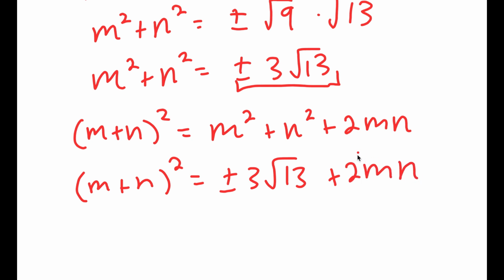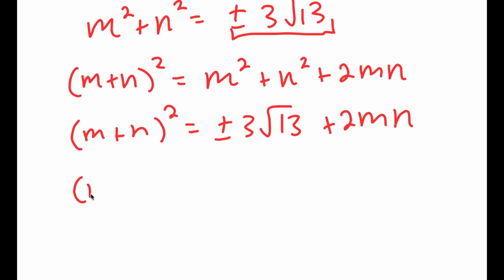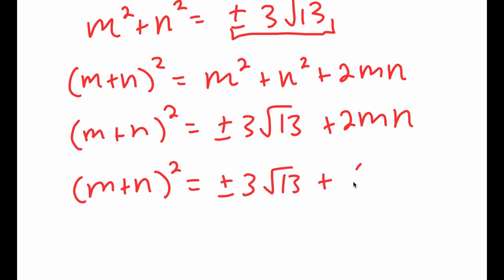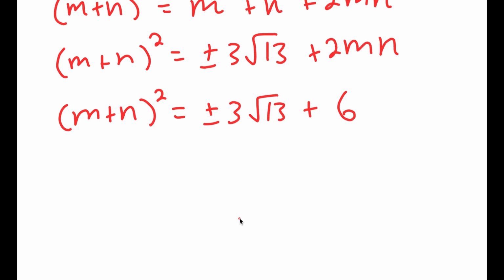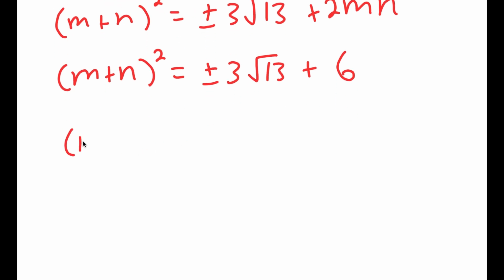Now remember how mn is equal to 3, so I get (m plus n) squared is equal to positive or negative 3 root 13 plus 6. Now, I'm going to write this as (m plus n) squared is equal to 6 plus or minus 3 root 13.